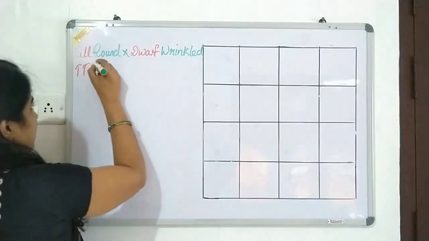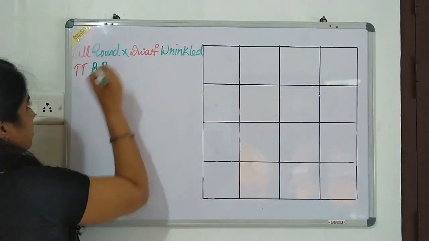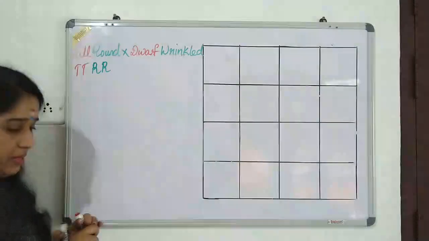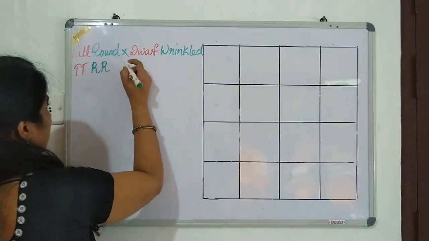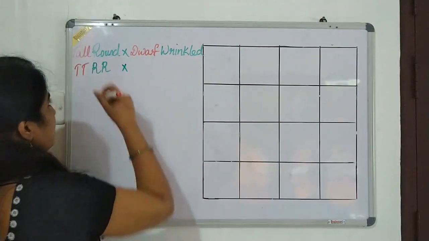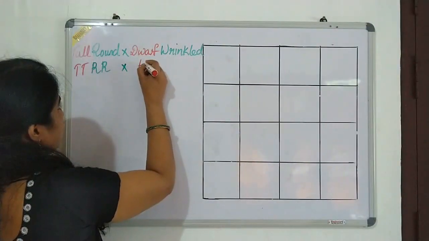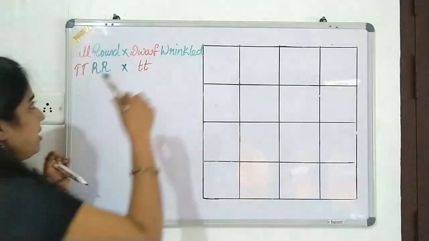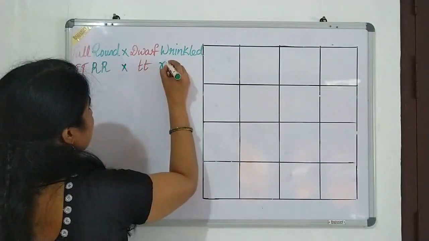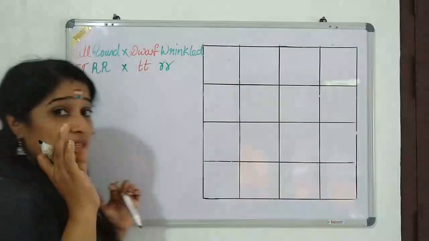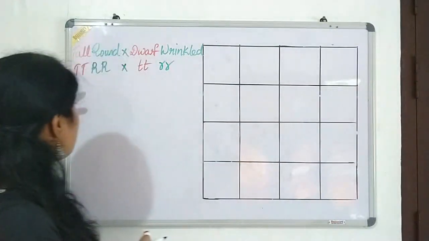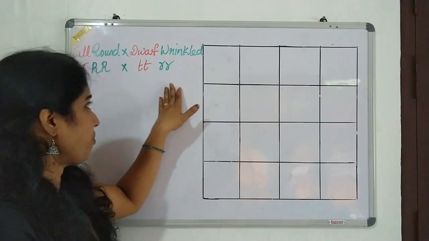As it is dominant, it can be denoted by what? 2 capital R. Then same in the case of dwarfness. Here instead of capital T, 2 small t, and for wrinkled, 2 small r. So this is the genotype of the tall round plant and the dwarf wrinkled plant.